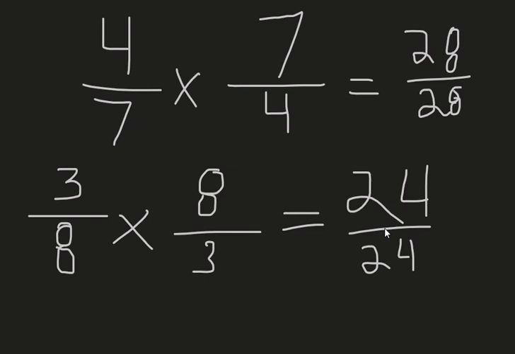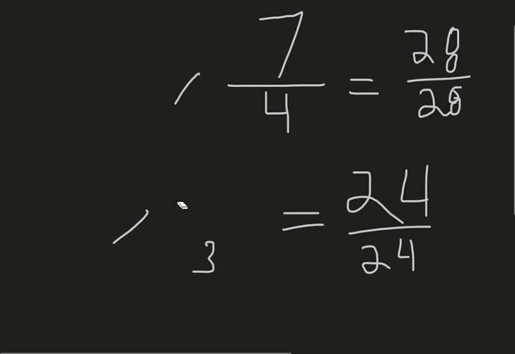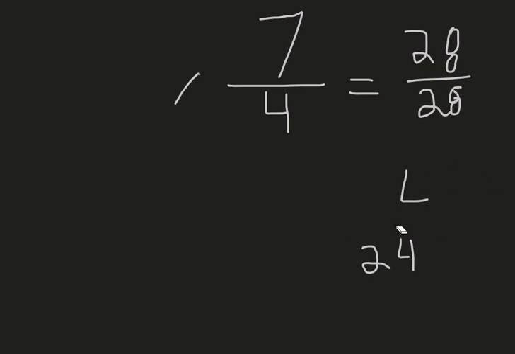But now you might be thinking, how is this relevant to dividing fractions? Let me show you how. Let me just quickly create some space. So let's say somebody gave you 3 over 8 divided by 2 over 7.